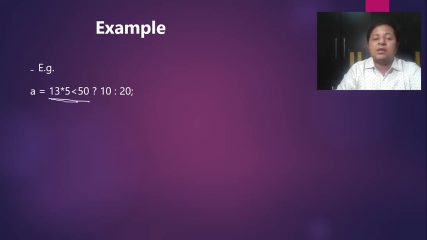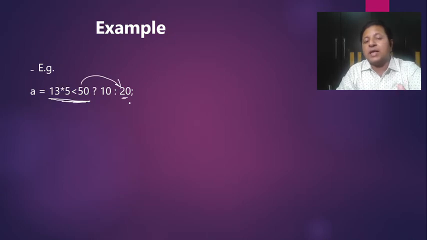Because the condition is false, the expression after the colon is chosen, and the value of the whole expression will be that one. So what will get stored in A? Obviously 20, the expression after the colon, will be stored in A.